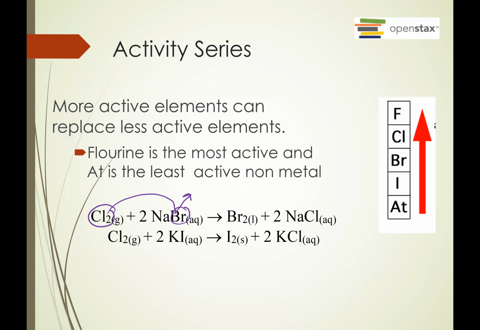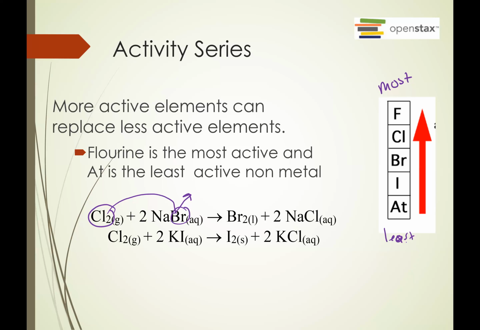Well, it has to be more active. So when we look at the periodic table and we look at activities, the most active is the top, the least active is the bottom. We don't have an activity series for this because we could just use the periodic table. So the top of the periodic table, more active, bottom of the periodic table, less active.